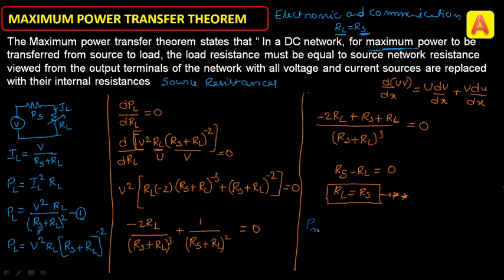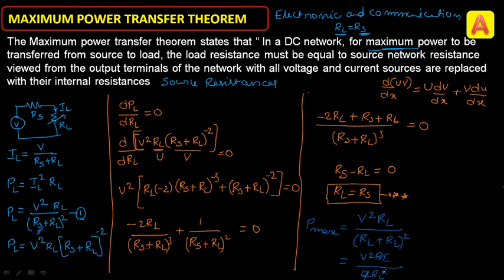Then the maximum power will be V square into RL by (RL plus RL) whole square, which is equal to V square into RL by 4 RL square.